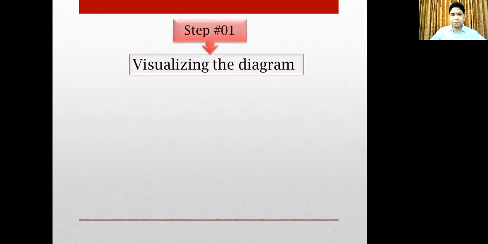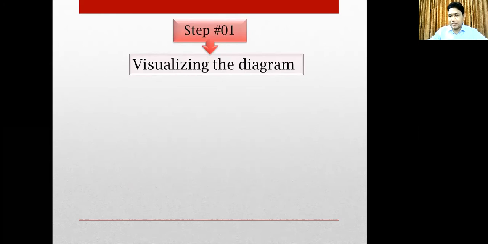Step 1, visualizing the diagram. When you get the question paper in your hand, you have to visualize the diagram. The diagram which is set in the question paper, you have to visualize it.